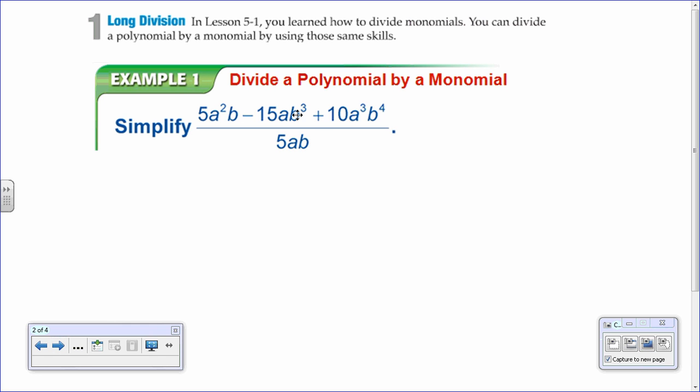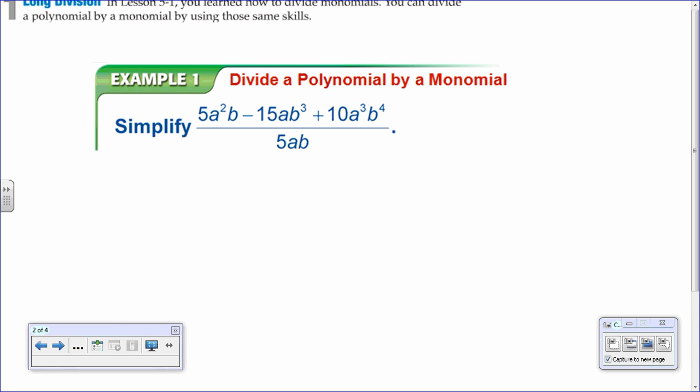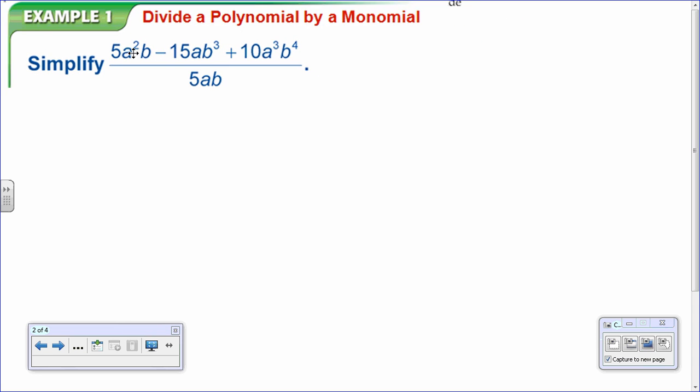Alright, when you've got this type of situation where you've got a polynomial divided by a monomial like this, what you need to do is basically just take this and break it up.